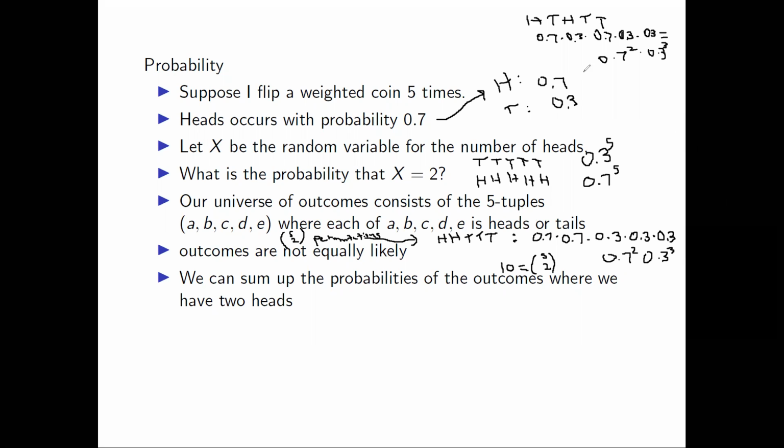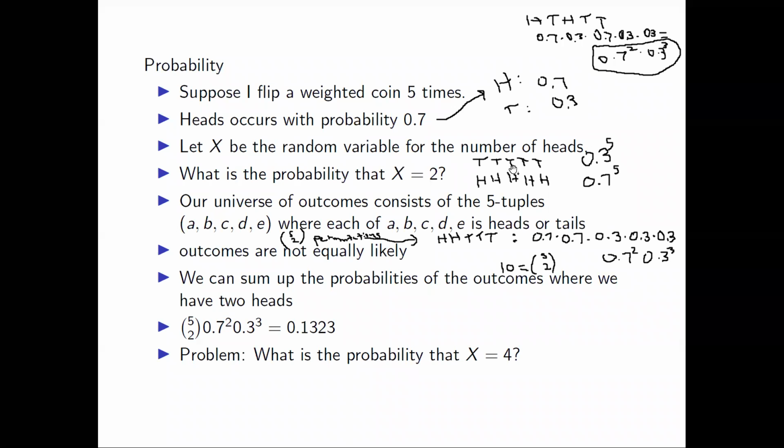And we're just going to add those probabilities together. So we're really just taking the probability of each one and we're multiplying it by the total number of them. And we said that total number was 10. So we're just going to multiply this probability that we calculated by 10. So we get 10 times that probability. And remember, 10 is the same as 5 choose 2.